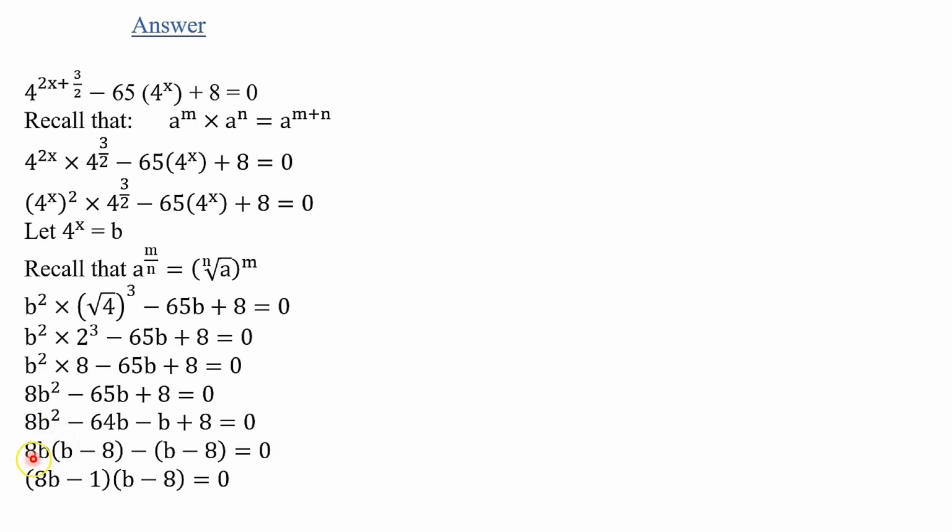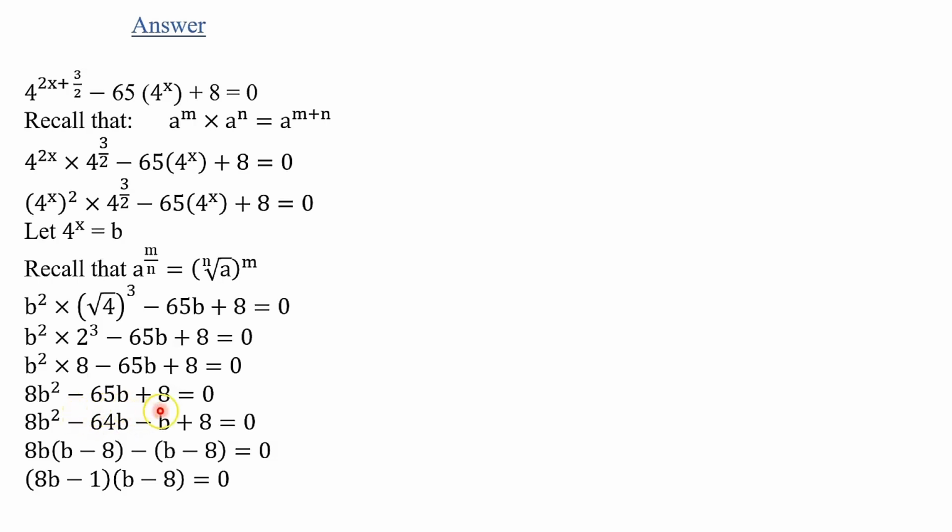So you're finding two numbers that when you sum them, you have minus 65b, and when you multiply them, you have 64b squared. With this understanding, you can have minus 64b, then minus b. Minus 64b minus b gives minus 65b.